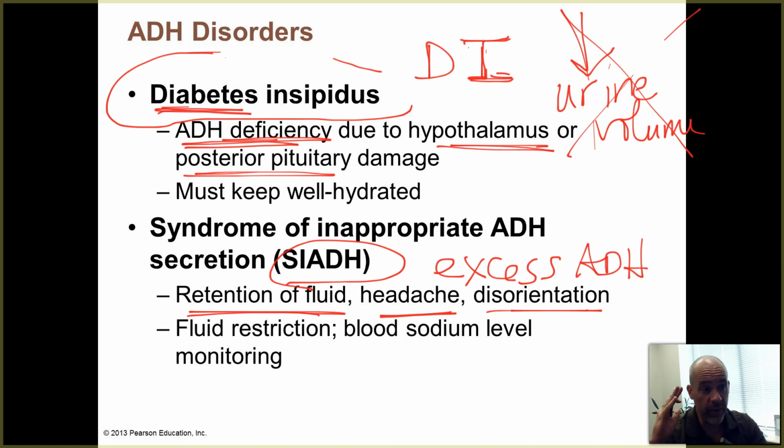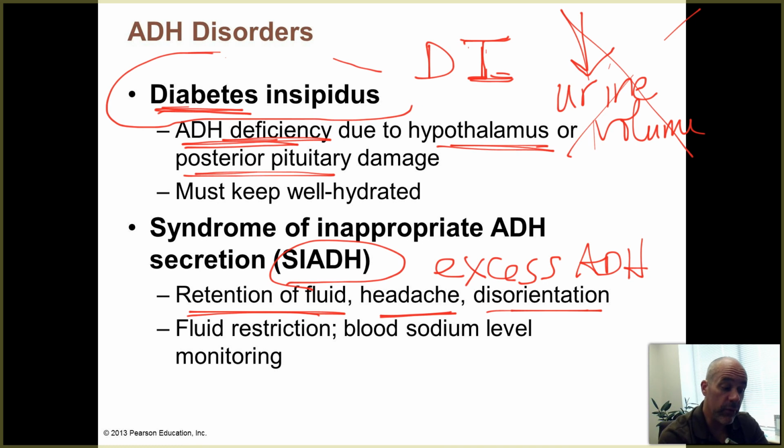So think about like in your cerebrospinal fluid, if you have excess water in there, the cerebrospinal fluid surrounds the brain and the spinal cord. That's going to lead to headaches. It can lead to disorientation. Your electrolyte levels are going to be off because they have to be maintained in particular concentration. So if you have too much water in your body fluids, they're going to get too diluted out.